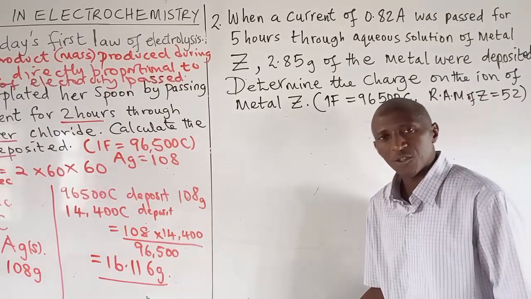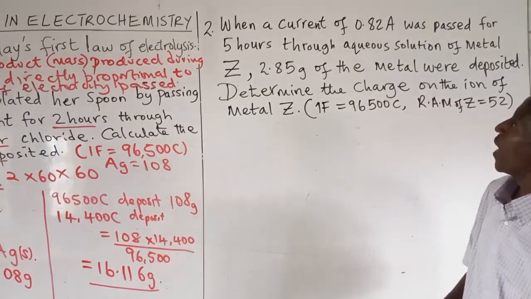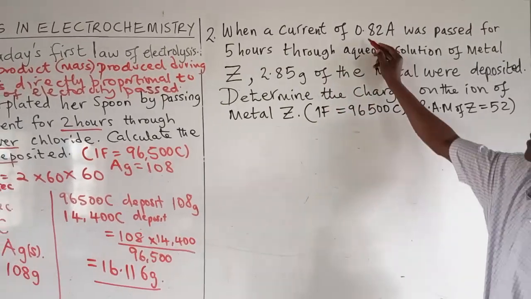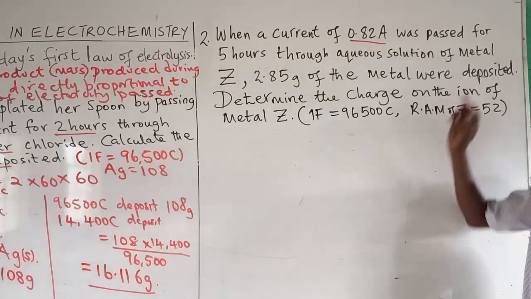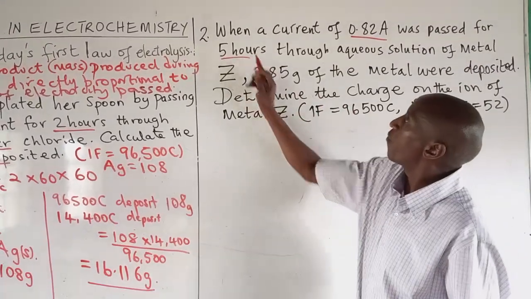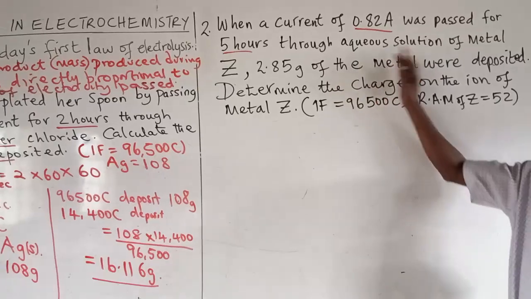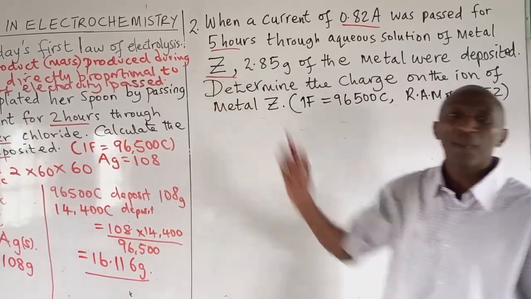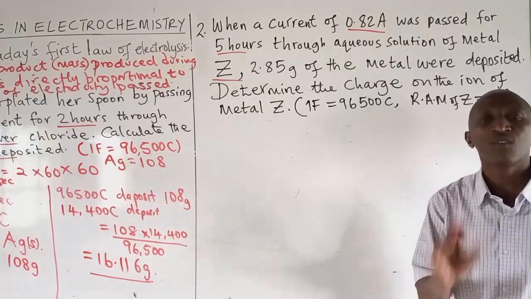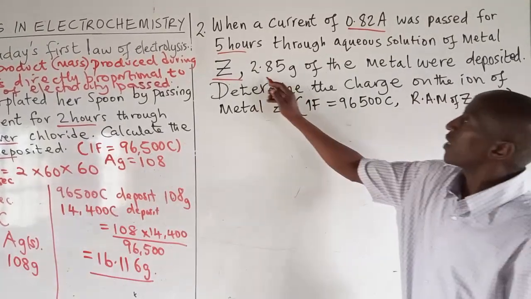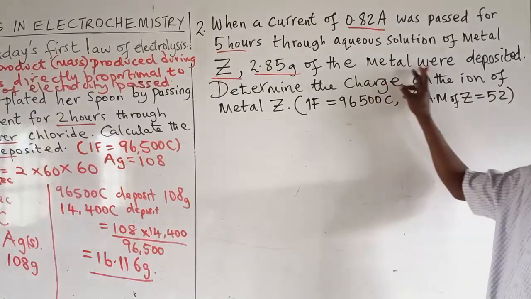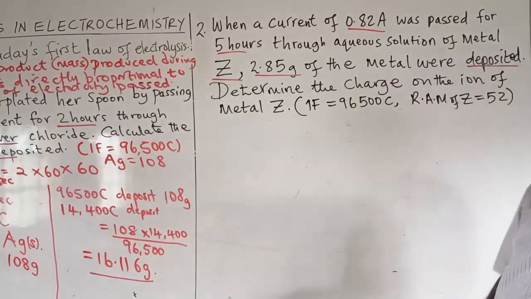In our question number 2, we are told that a current of 0.8 amperes was passed for 5 hours through an aqueous solution of a metal Z. So the metal here is unknown. We see that 2.85 grams of the metal were deposited.